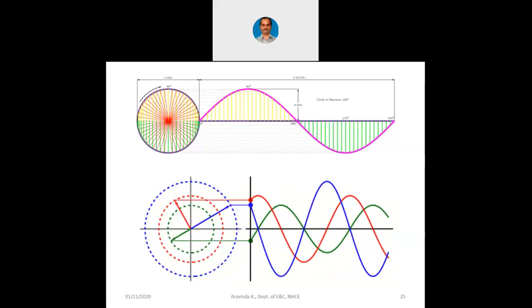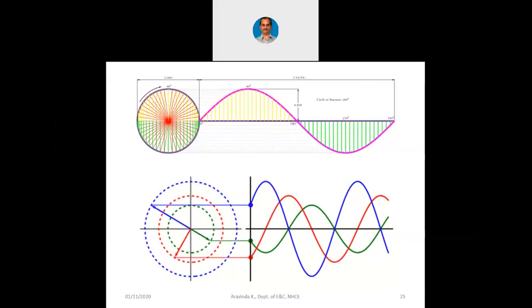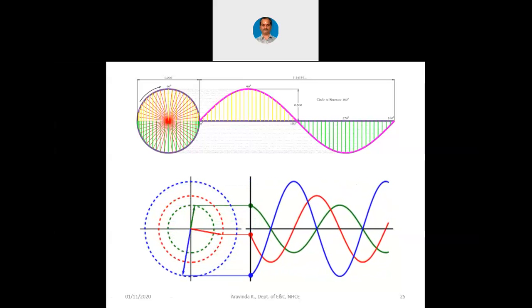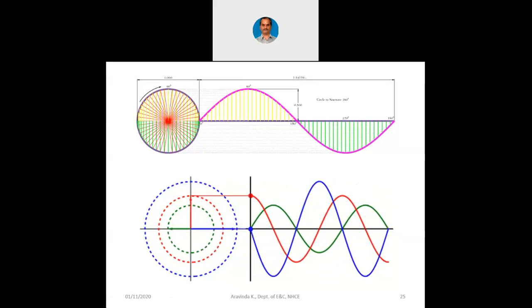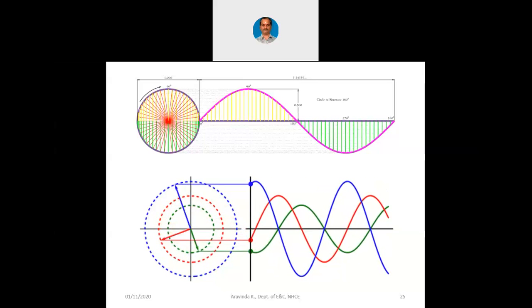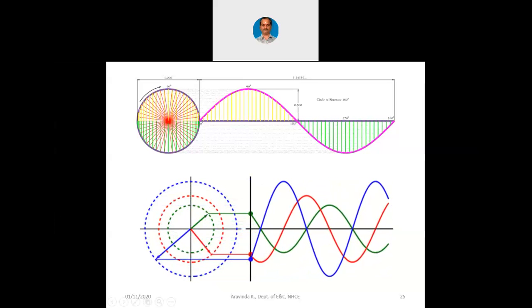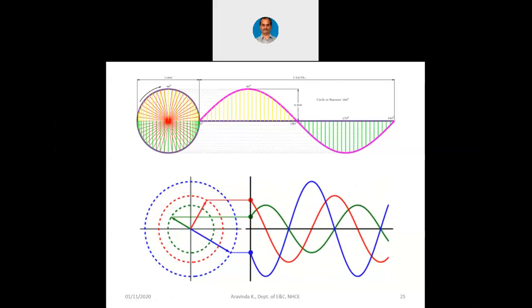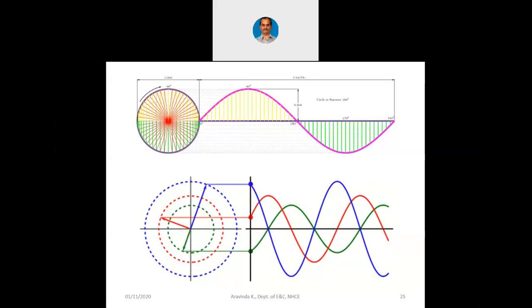You can see that the green and red waves have a 90-degree phase shift. Whereas, what about green and blue? Green and blue waves have a phase shift of 180 degrees.